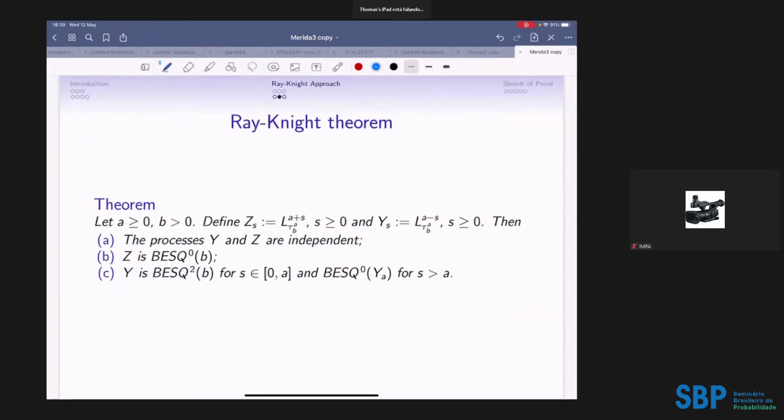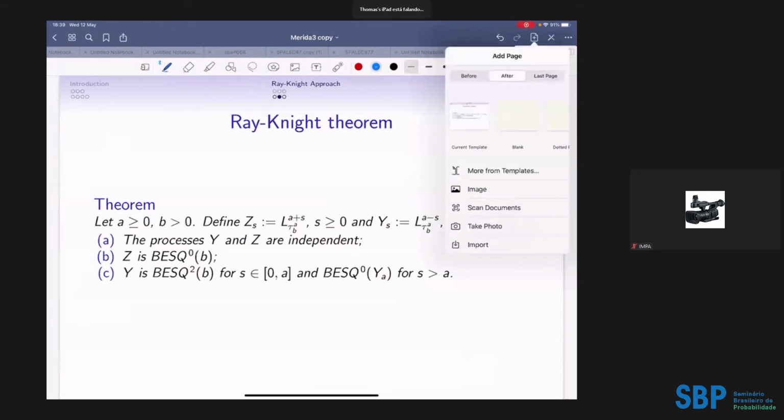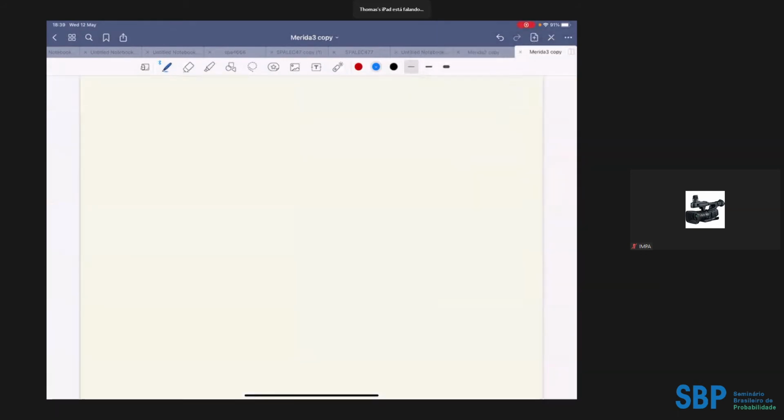And this is the Ray-Knight theorem. So the Ray-Knight theorem says, if you look at the local times, I start off with Brownian motion at 0. I'm going to run it until the local time at A is B. The local time here is B.